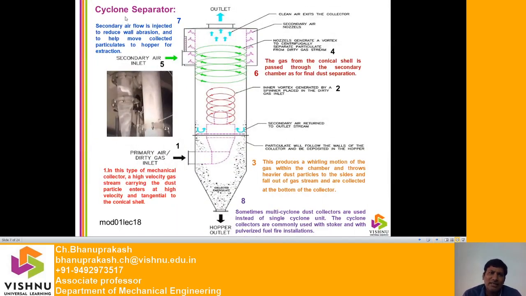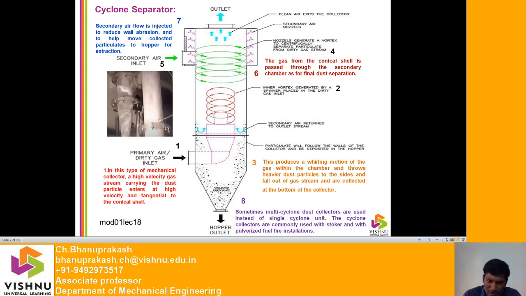Now we will discuss the next one, the cyclone separator. Here we are supplying primary air or a dirty gas inlet. This is a type of mechanical collector, a high velocity gas stream carrying the dust particles enters at high velocity and tangential to the conical shell.